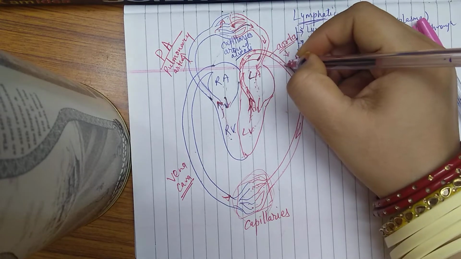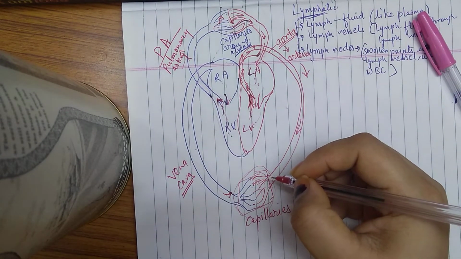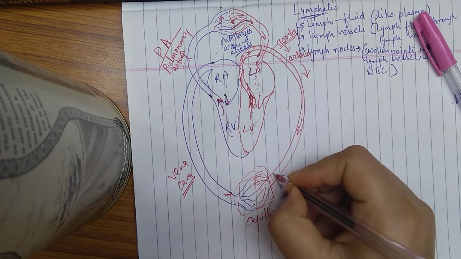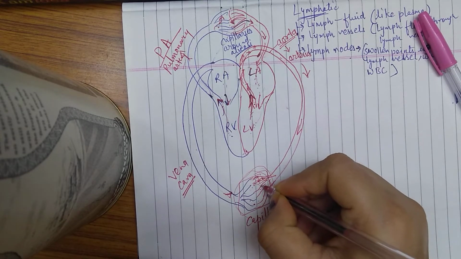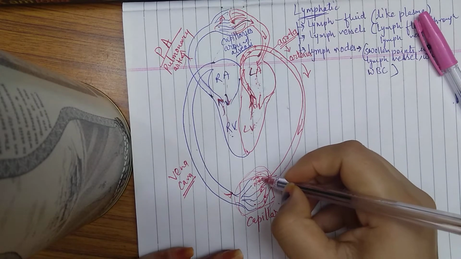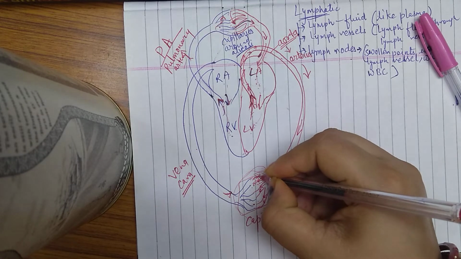When this blood goes to the capillaries, which are very thin tube-like structures, it also exerts some pressure on their walls.